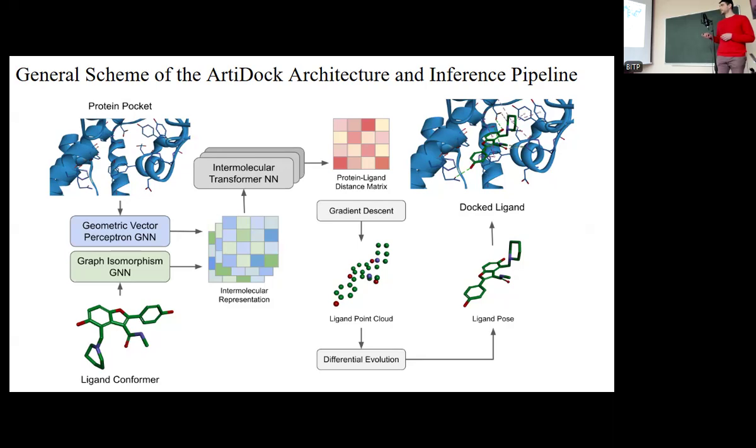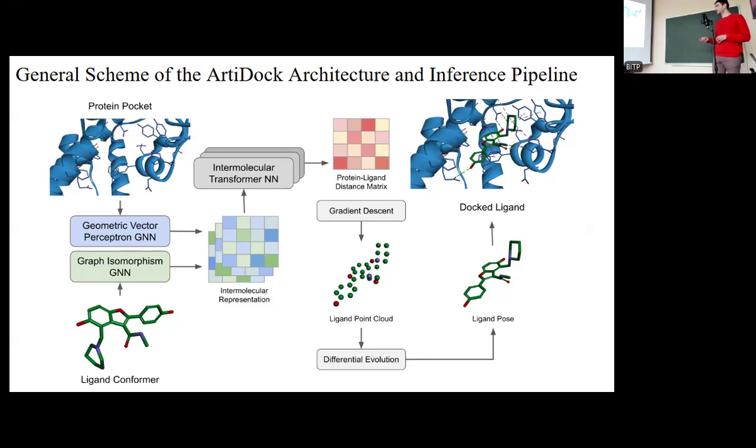At the first stage, we use a gradient descent algorithm to get a point cloud of approximate atom positions for the final ligand pose, assuming that all the atoms in the input protein pocket structure are fixed in space. And then we align the input ligand conformer on this point cloud by changing its position, rotation, and torsional angles to fit this point cloud as closely as possible.